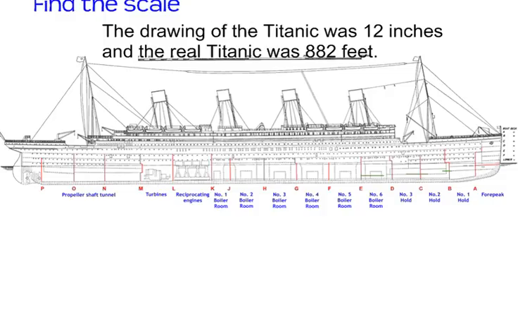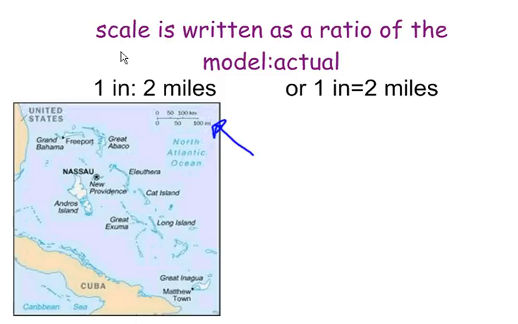You could be asked to find the scale of something. There was a drawing of the Titanic, and the Titanic drawing was 12 inches, but the real Titanic was 882 feet. So if we wanted to find what the scale is, let's refresh our memories really quickly.